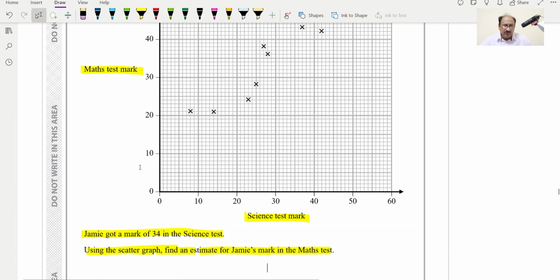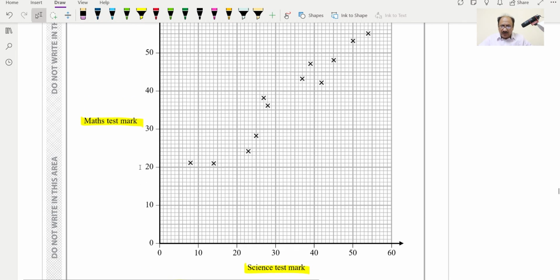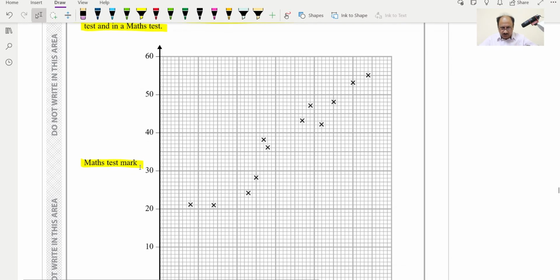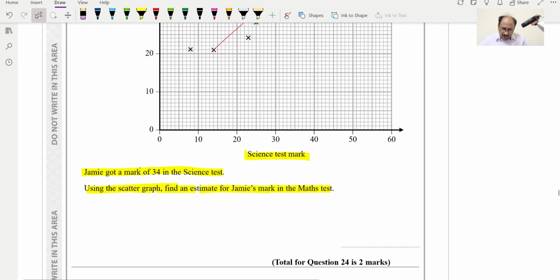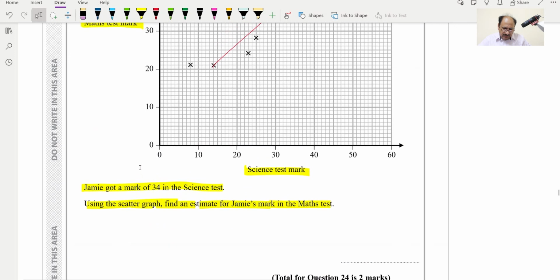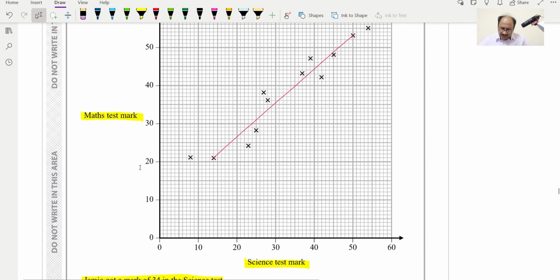Basically, what we can do is draw a line of best fit first to estimate. So this is too thick, so I'll be drawing this line of best fit. So this will be the line of best fit, and we have to check for 34 marks in science.